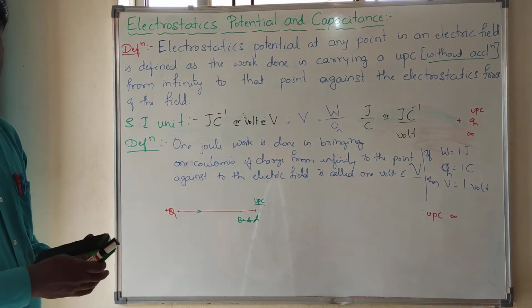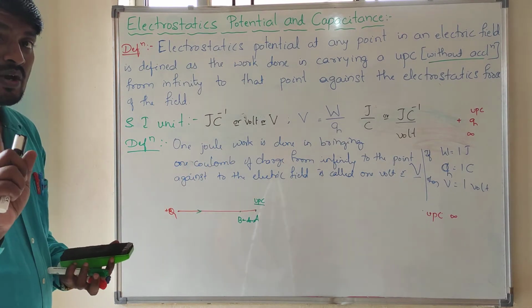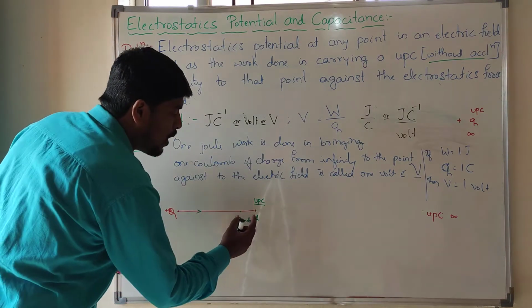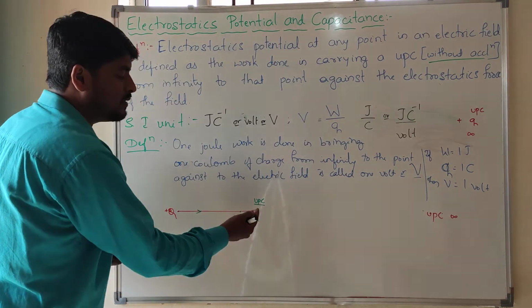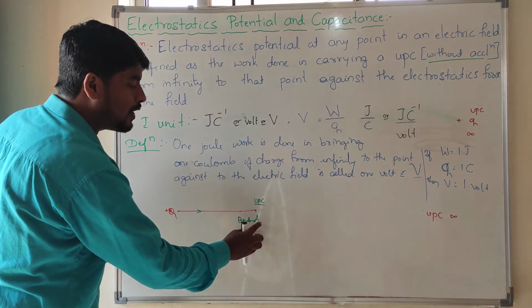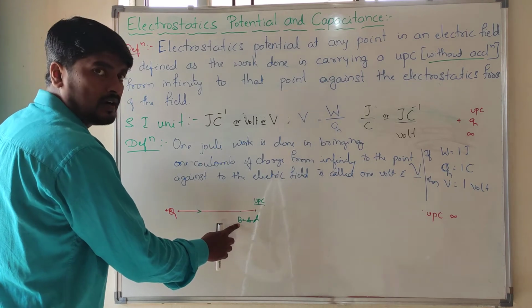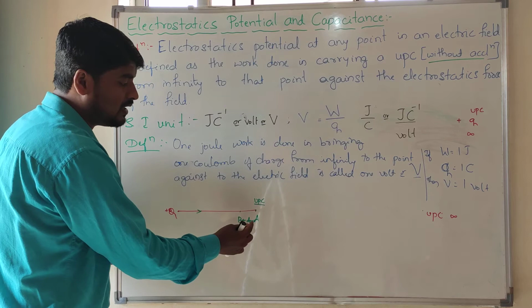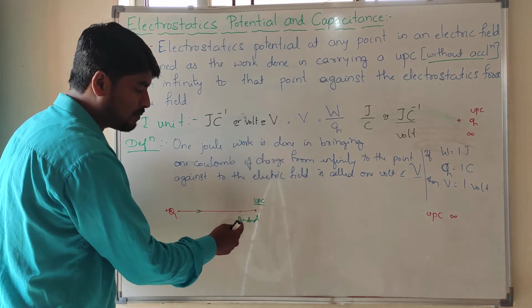Here also work is done, but it is not the total work done, it is a small work done. A small amount of work is done in bringing the UPC from one point to another point.